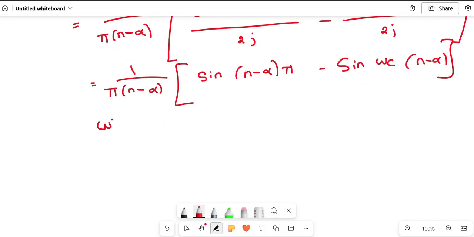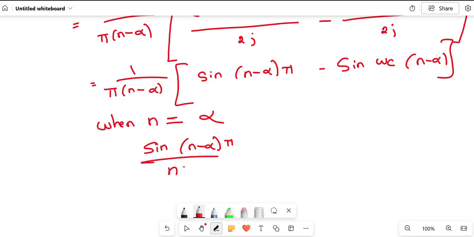Now when n is equal to alpha, you have to use L'Hospital's rule. In that case, sine of (n minus alpha) into pi by (n minus alpha), similarly here you will get sine omega c of (n minus alpha) by (n minus alpha).